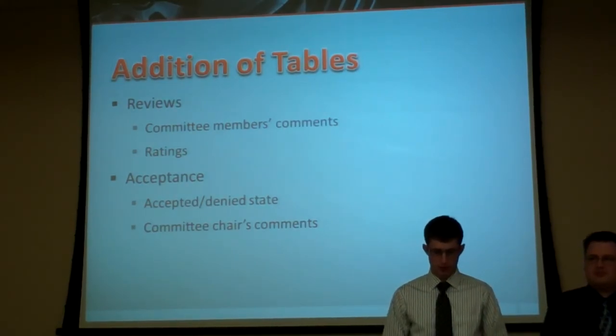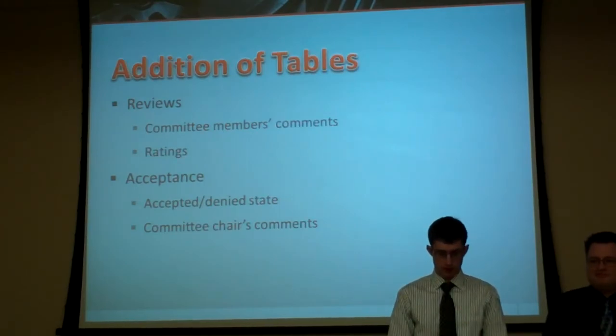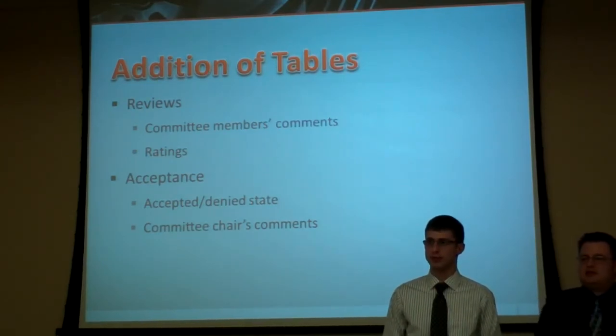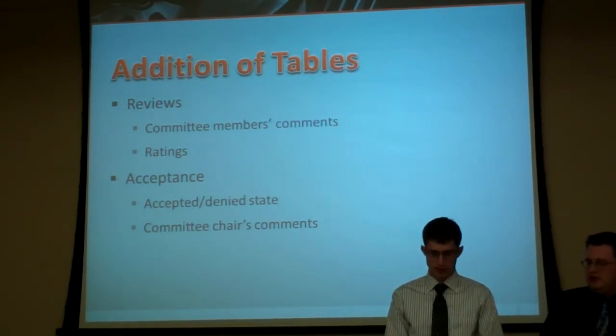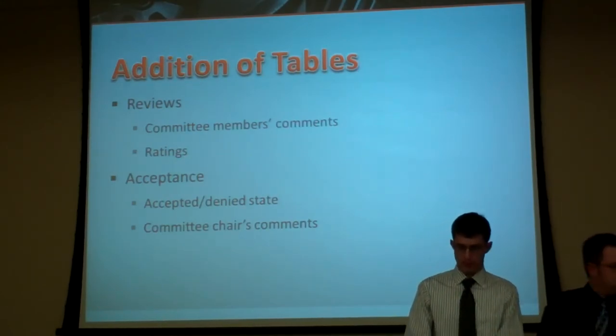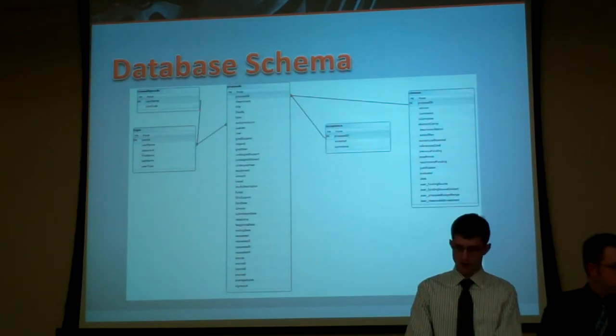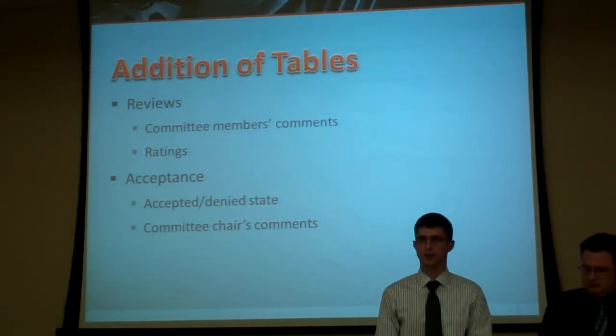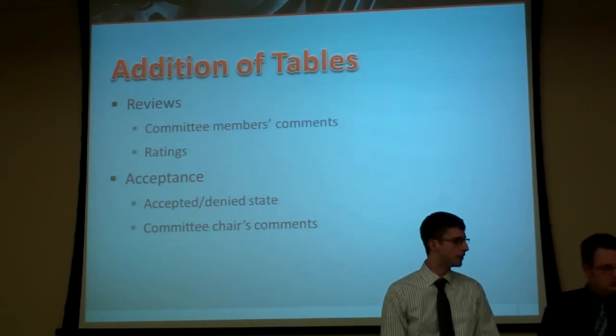Evaluation of proposals was also handled by this table. The other table that was inserted was the acceptance table. This table held accepted or declined states based on the committee chair accepting or denying a proposal. Committee members' or committee chairs' comments were also held in this table. And those were the major additions of tables in this iteration.